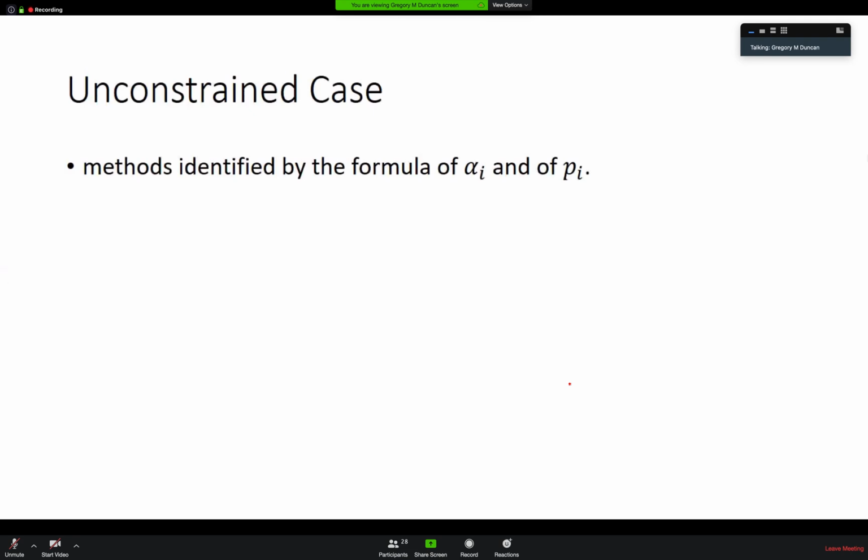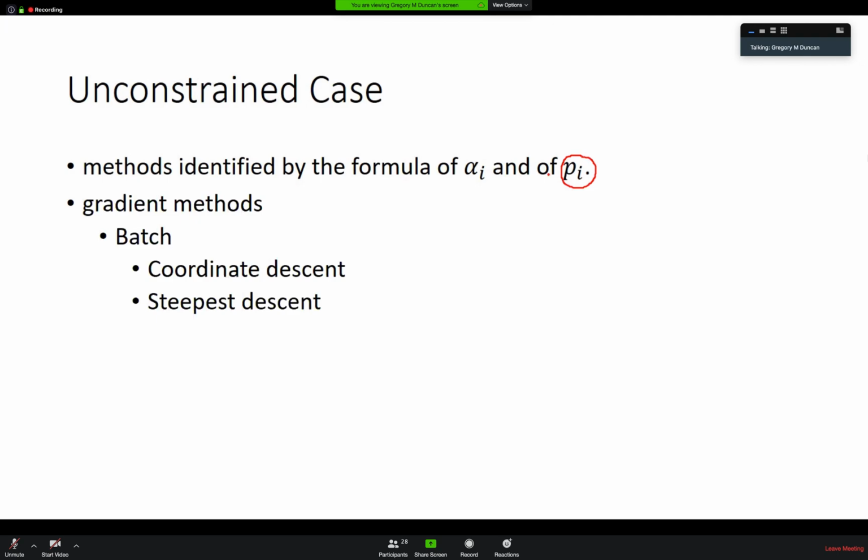In the unconstrained case, the methods are identified by the formulas for the alphas and the p's. We'll talk about gradient methods. Gradient methods have to do with the p's. They're called batch methods.